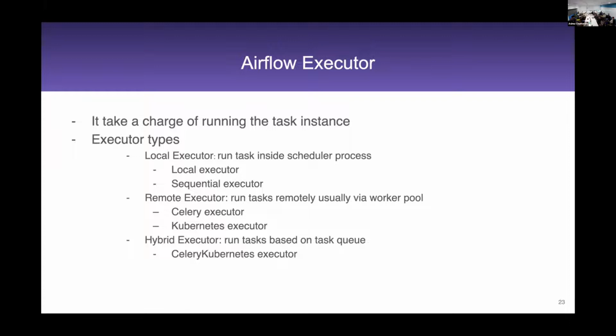Also there is a hybrid executor, which means you can run multiple executors together, like Celery and Kubernetes, if you want. I'll talk briefly about how Celery, Kubernetes and hybrid work.